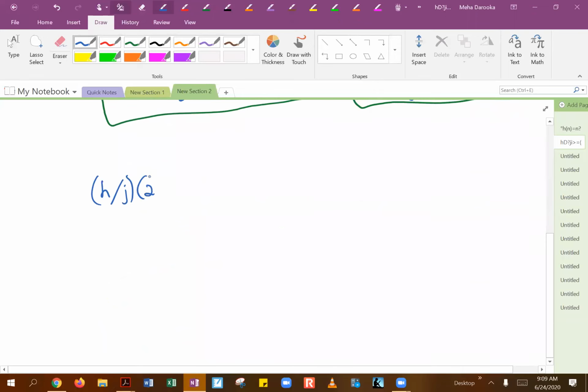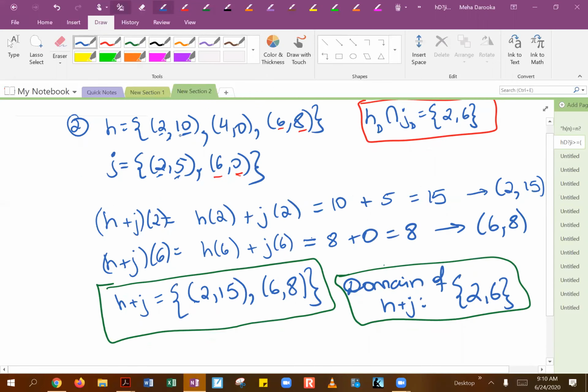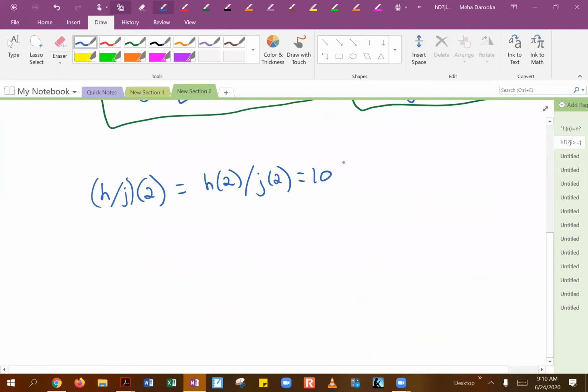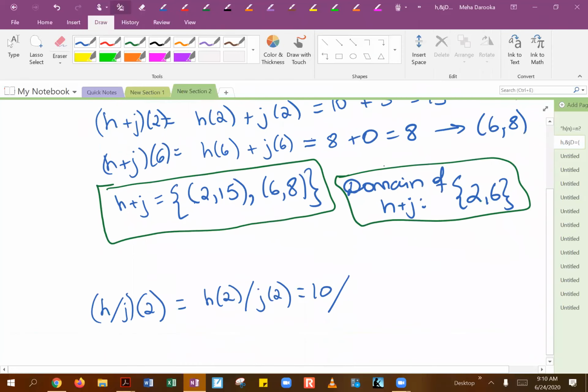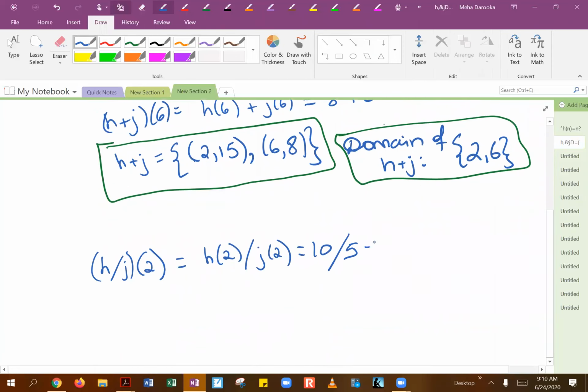So let's look at 2 over here. That's going to be h of 2 divided by j of 2. So h of 2 again is number 10 divided by j of 2, and j of 2 of course gave us 5. So 10 divided by 5 would give you 2.